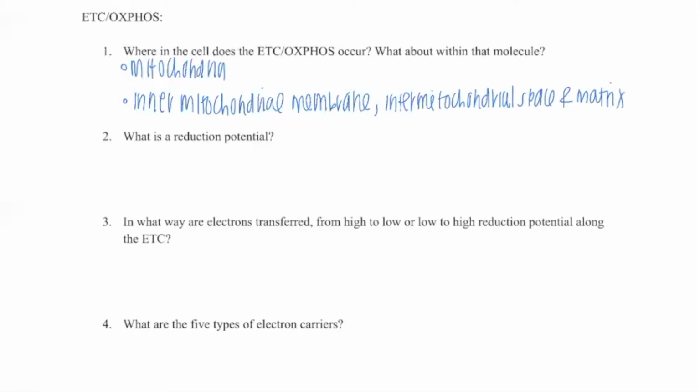So it would be a completely different question if she asked where in the cell or where in the mitochondria is the ETC located. If it was where in the cell is the ETC located, then that specifically is the inner mitochondrial membrane, right?